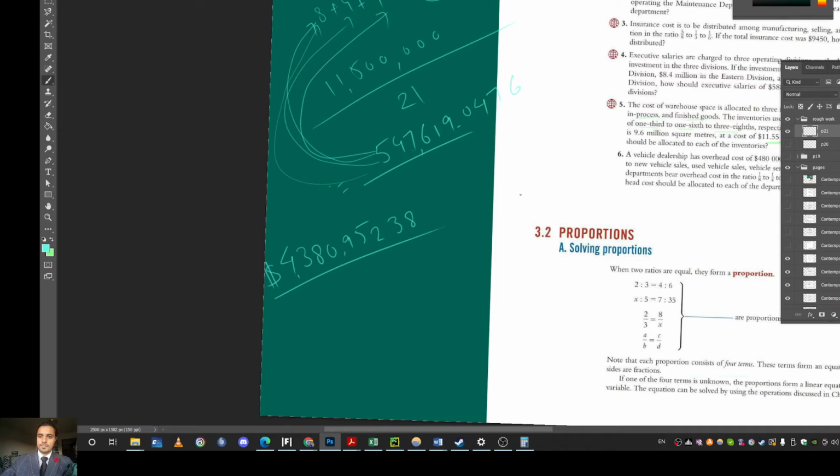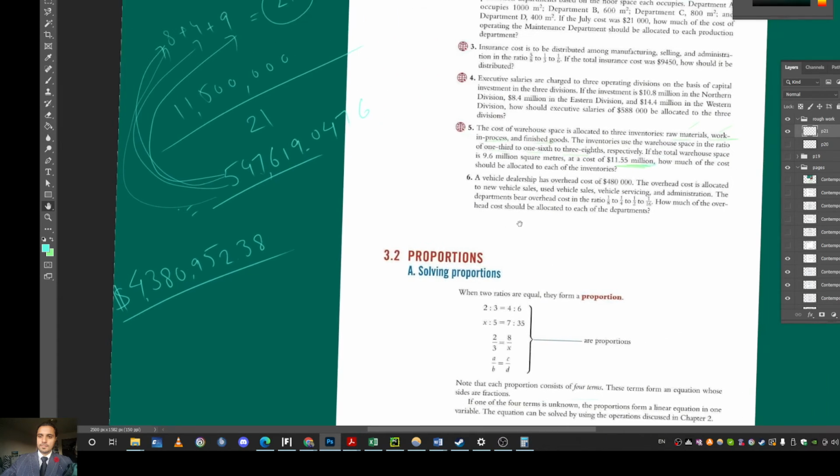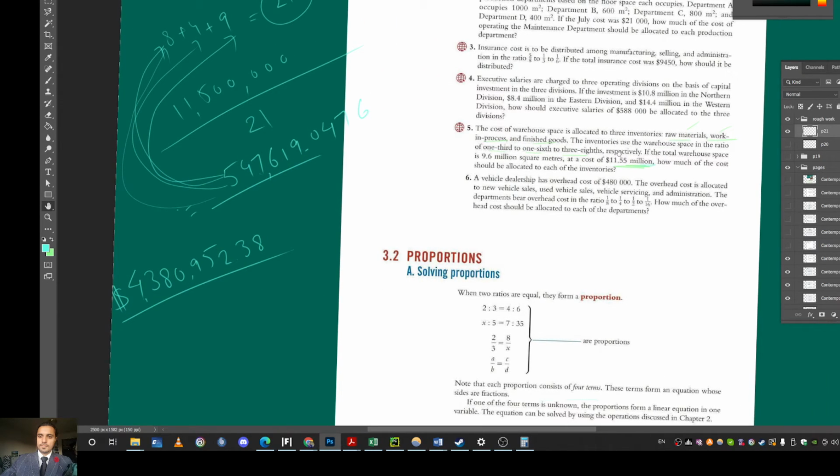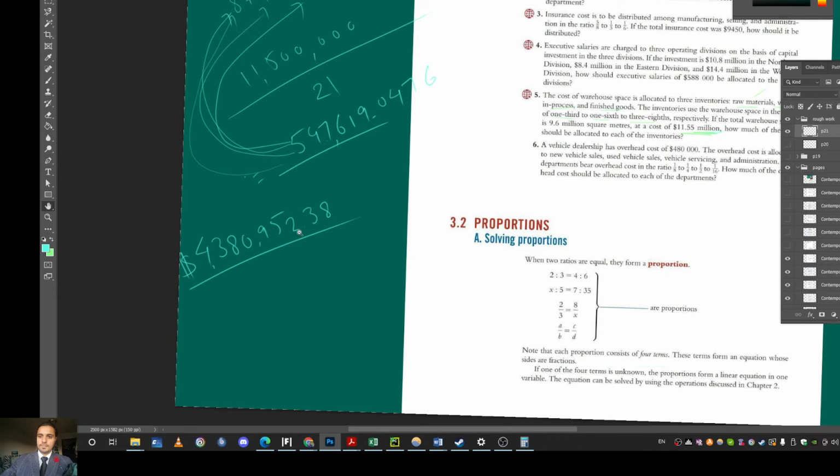That's the part that goes to the raw materials. So the raw material inventory area has to take up that much of the cost.